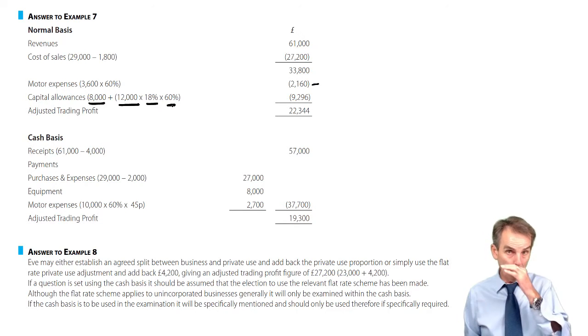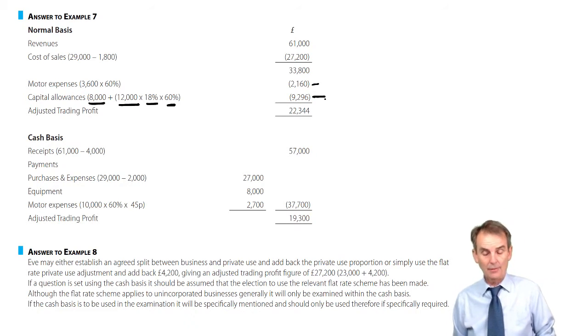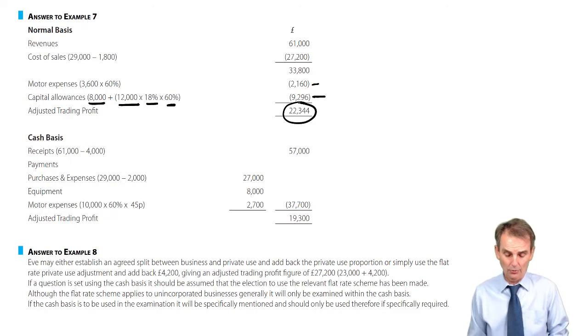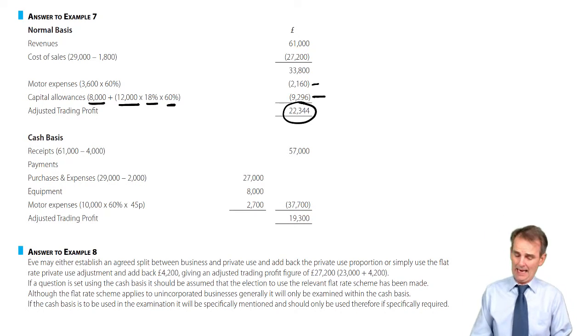So it's 12 months worth of writing down allowance that is available here. So 8,000 plus 18% of 12,000 restricted to 60%. Hopefully, again, do check through the numbers there, but that gives us 9,296. Take it away and you've got yourself your adjusted trading profit of the business using the normal accruals system of accounting. And we had to compare that with what should be a simplified receipts basis.